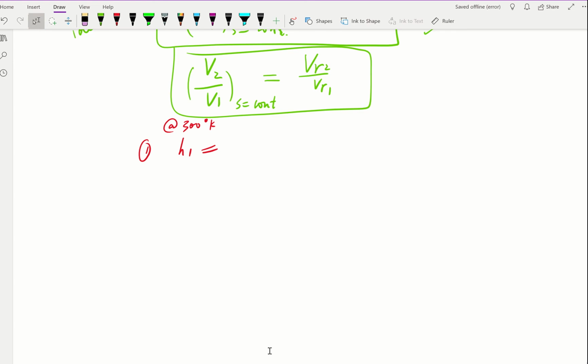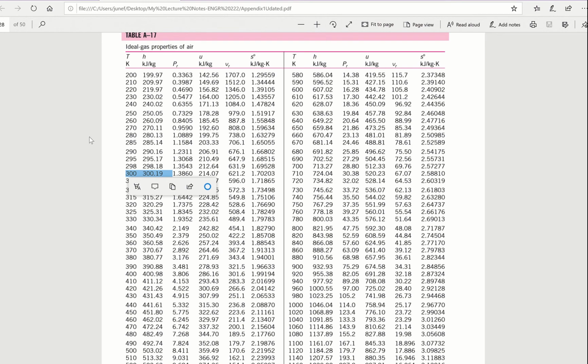That's going to be kilojoules per kilogram. If you have some odd value, like for example 307, in that situation, you might have to do linear interpolation to find the exact value for this. Okay. And now let's go back.